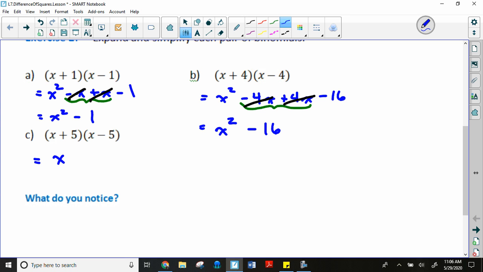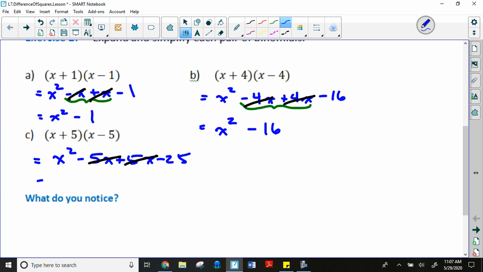Again, first, whoops, that's backwards. First, outside, inside, last. The ones in the middle, yep, cancel out. One's negative, one's positive.